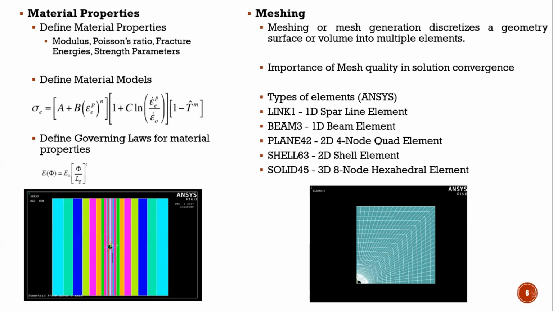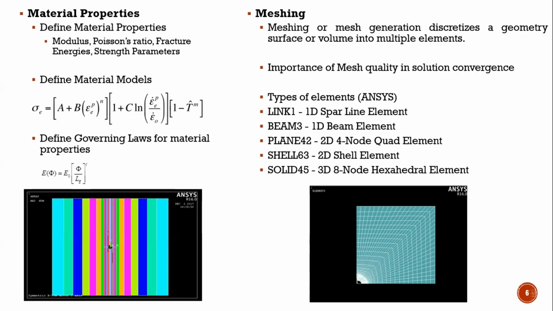But for orthotropic material problems, we need to define a number of material properties. You must be knowing that the generalized Hooke's law has almost 81 material constants, and we reduce it to 2 or 3 for isotropic. That many parameters we need to define in general.